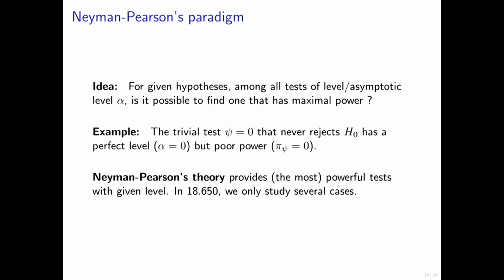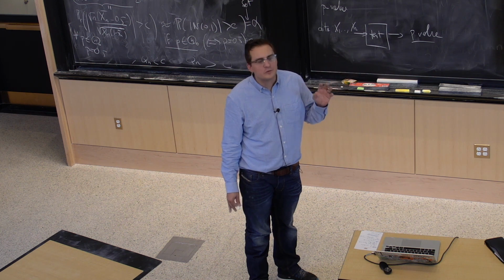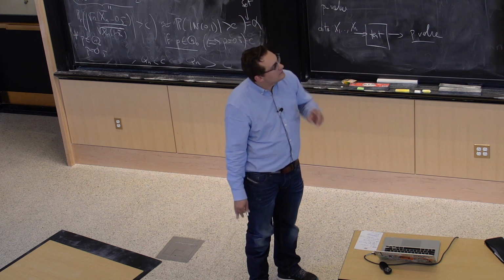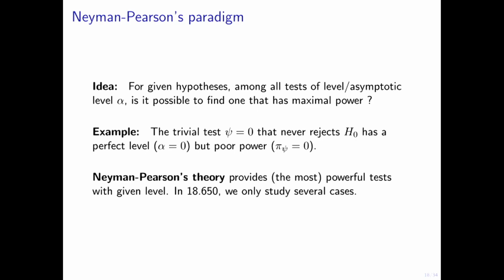So in this example, the trivial test psi is equal to 0. What was it in the US trial court example? What is psi equals 0? That was concluding always to the null. What was the null? Innocent, right? That's the status quo. So that means that this guy never rejects H0. Everybody's going away free.